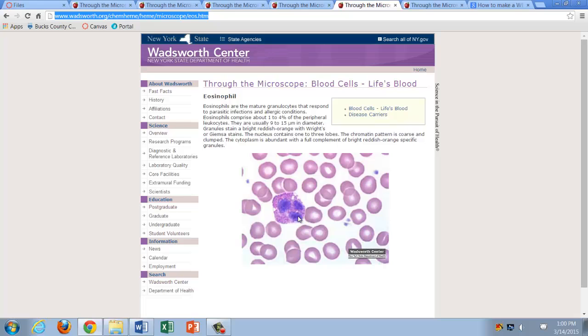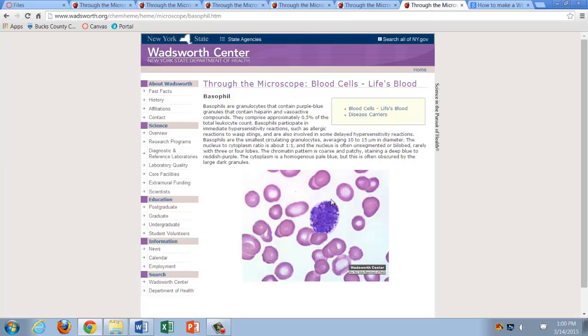So this is a segmented neutrophil, but the granules are different, and we think this fights allergies. So when this is elevated, it fights allergies. It's only about 1 to 4, maybe even 1 to 3% of every 100 that we count.